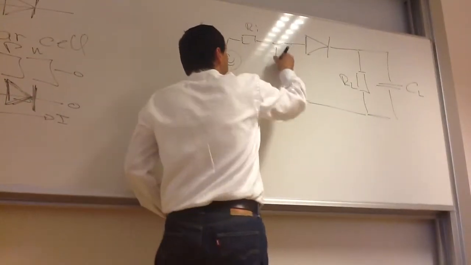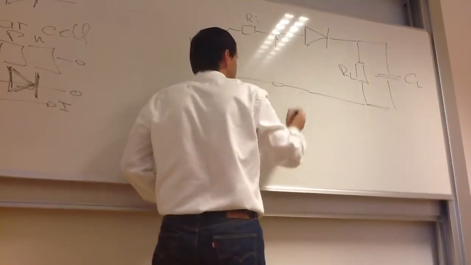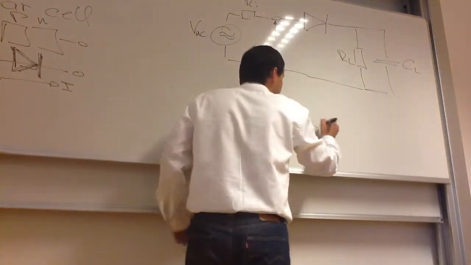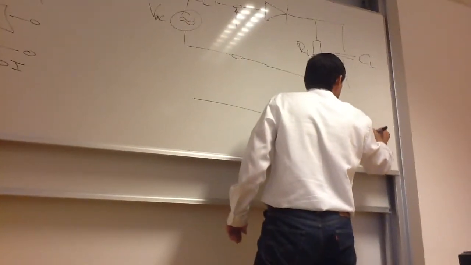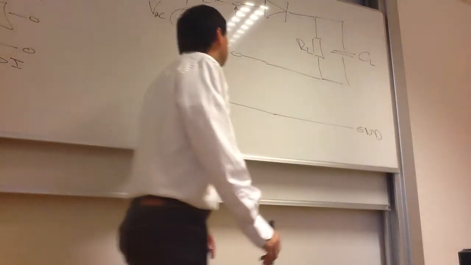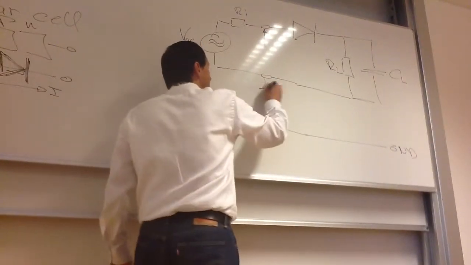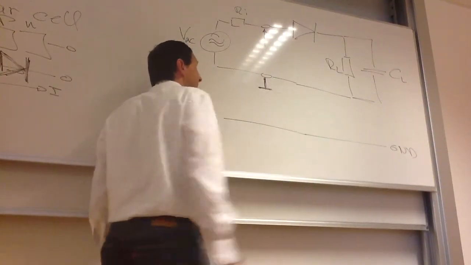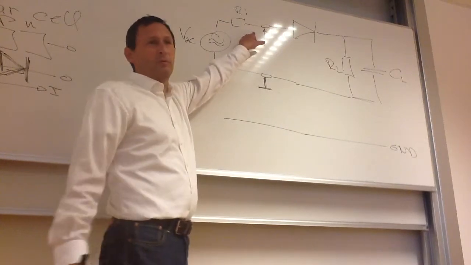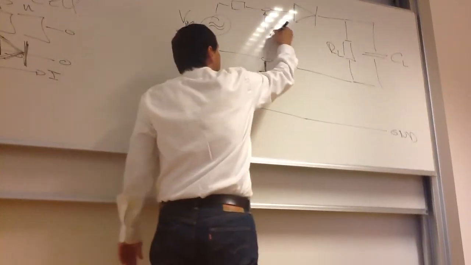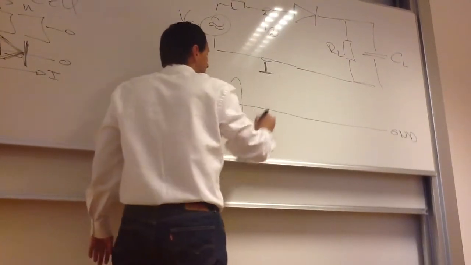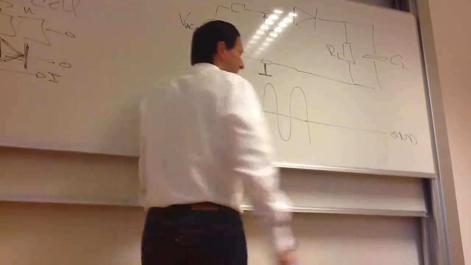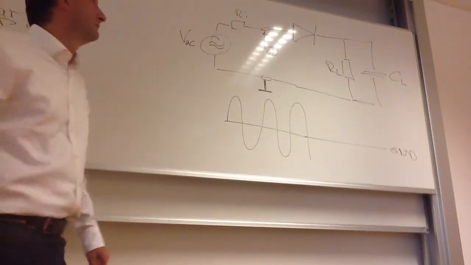So if we put a probe on here, and this is our ground reference, this is ground, this is our reference, and if we put a probe here, say 1, then the voltage will look something like this.